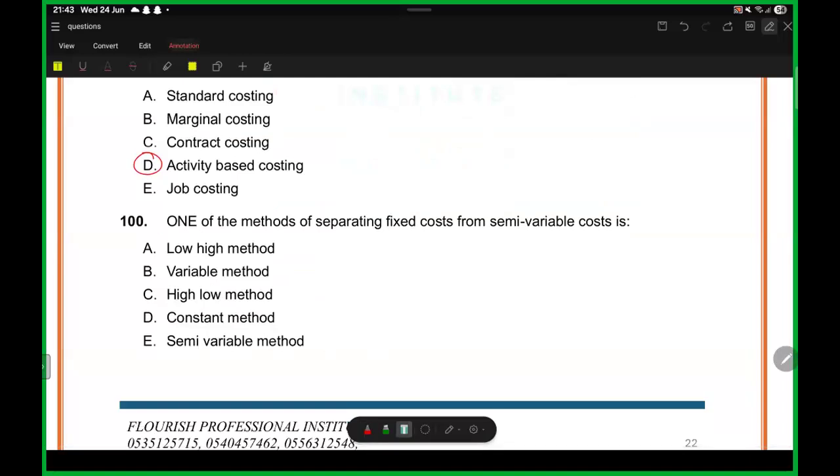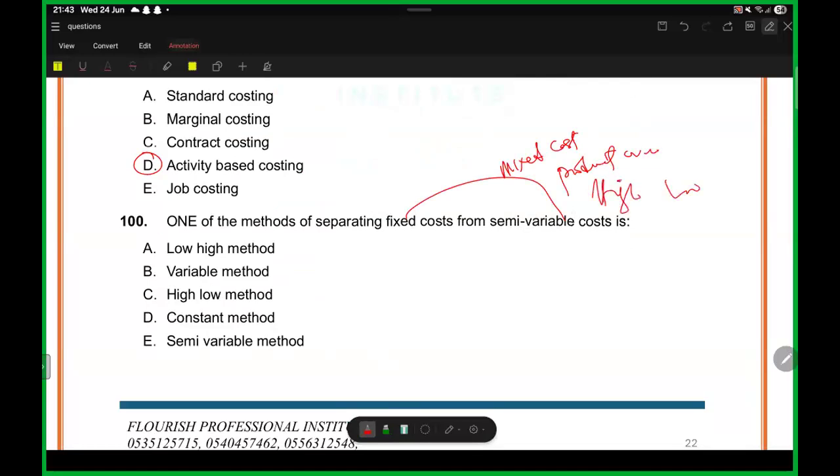Then the last one is 100. One of the methods of separating fixed costs from semi-variable costs, which is called the mixed cost, or sometimes we call it the production overheads. When you want to segregate this cost, the appropriate method is what we call the high-low method.